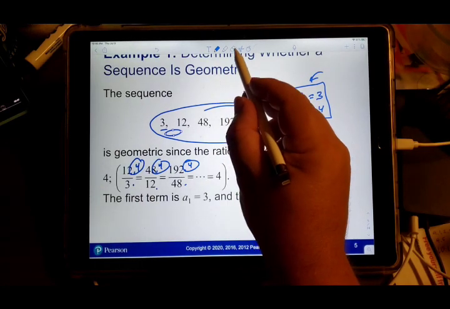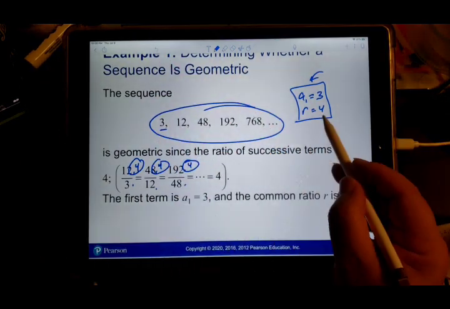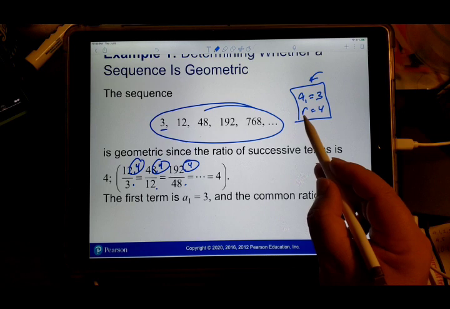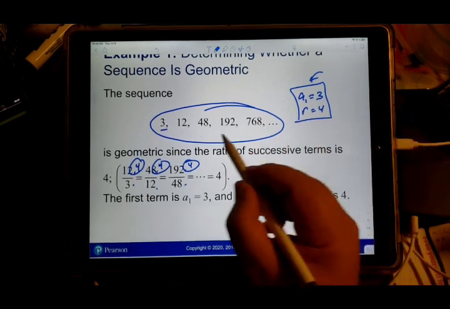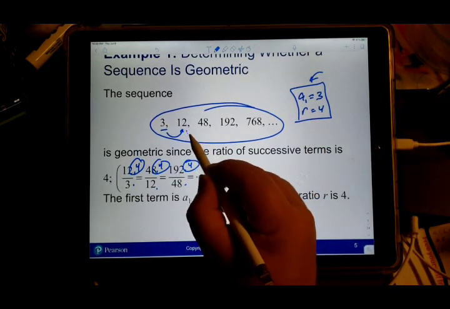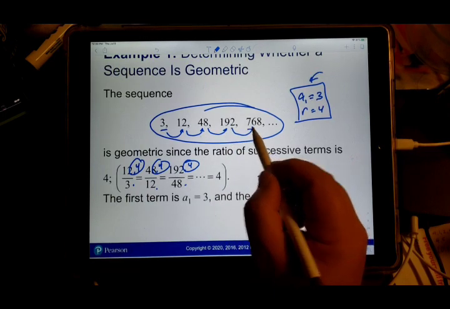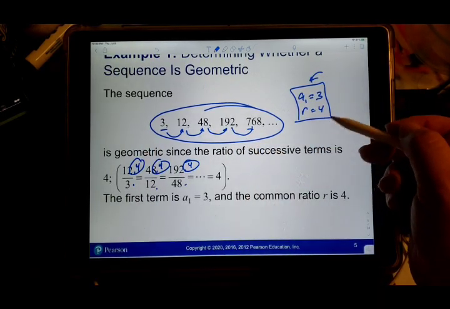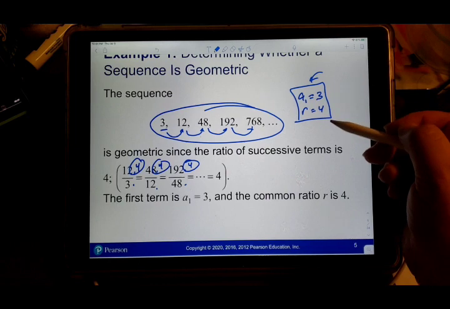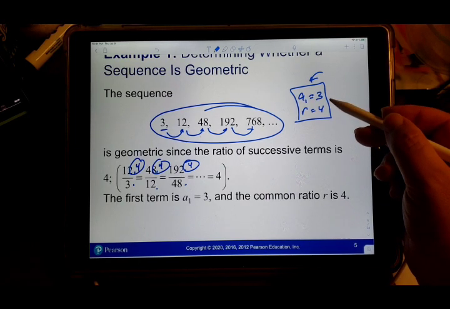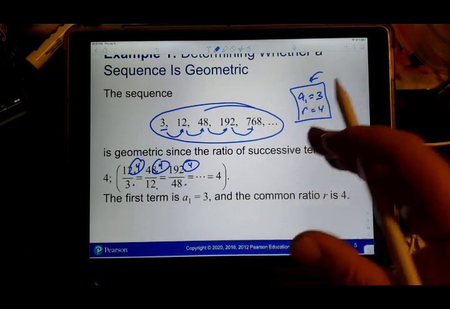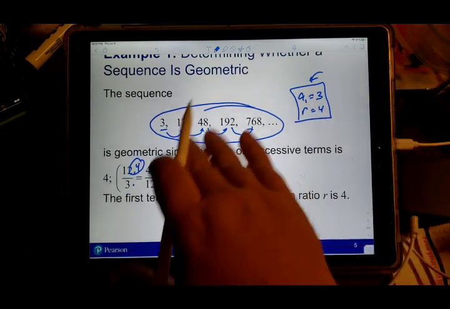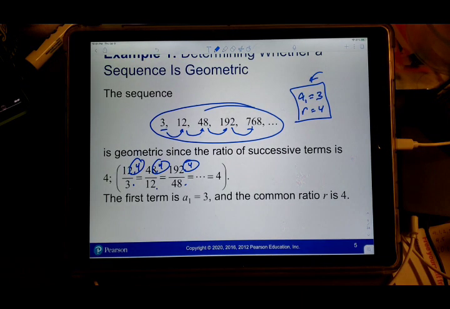And I know that because it's R. You don't have an R unless you're a sequence that's multiplying by a certain number. I know that if R is 4, I multiply by 4 every time. And so I could reconstruct this list with just these two numbers. So a lot of formulas will be based on knowing these two numbers. You need to know these numbers to do pretty much anything with a geometric sequence that we're going to be asked.